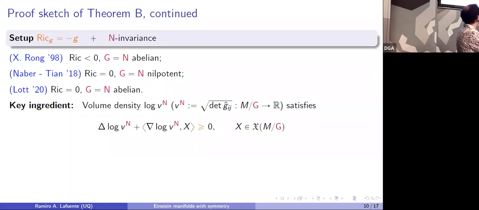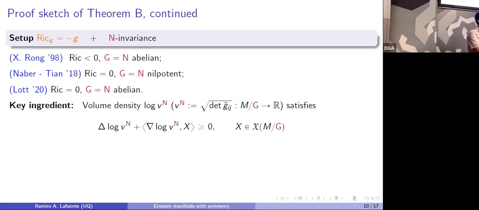So it's a function on a compact manifold which satisfies a very nice differential inequality, namely the Laplacian plus some first order term. There exists x such that this holds. This is not for all x, of course, but this doesn't matter, because you can apply the maximum principle here since M mod G is compact.